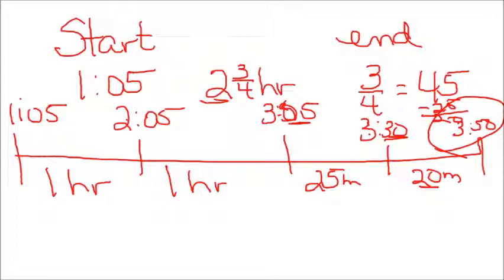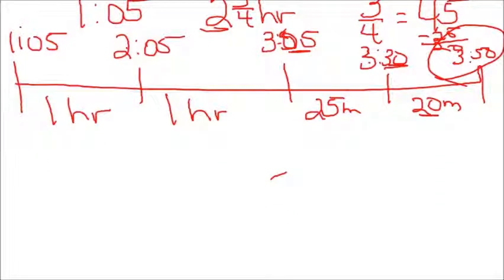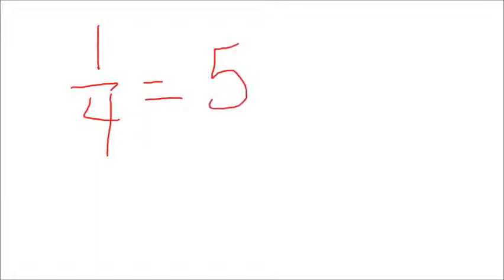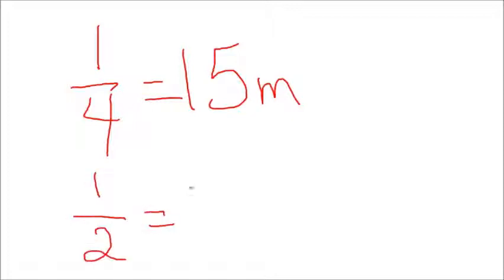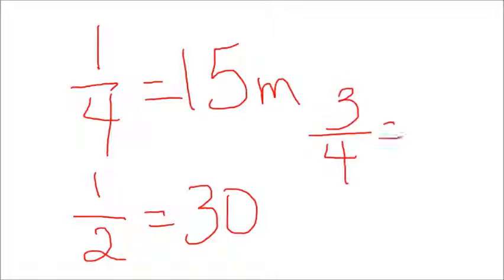Okay? So remember, let me erase. What was 1/4 of an hour? That equaled 15 minutes. 1/2 of an hour equaled 30 minutes. And 3/4 of an hour equaled 45 minutes. Okay?